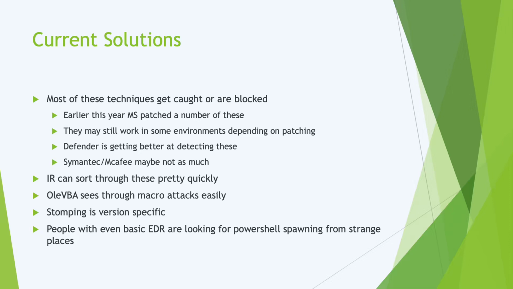One of the other things that has a lot of potential is stomping. Stomping is basically when you have a macro, it's actually kept in two places. It's kept in bytecode and it's kept in text. If you have a document that was built on the exact same platform that you are going after, you can get rid of that text and it will still run. And when somebody opens the macro, it'll just be blank.